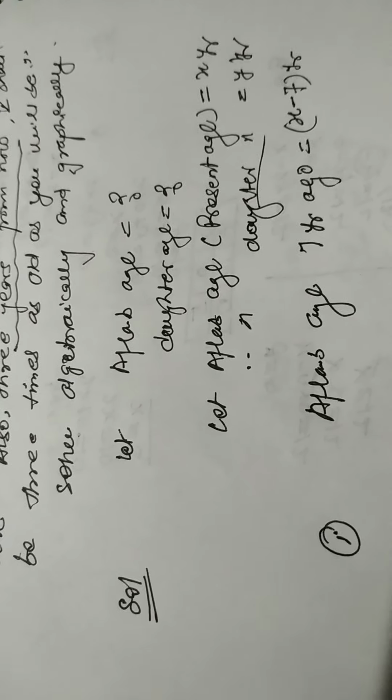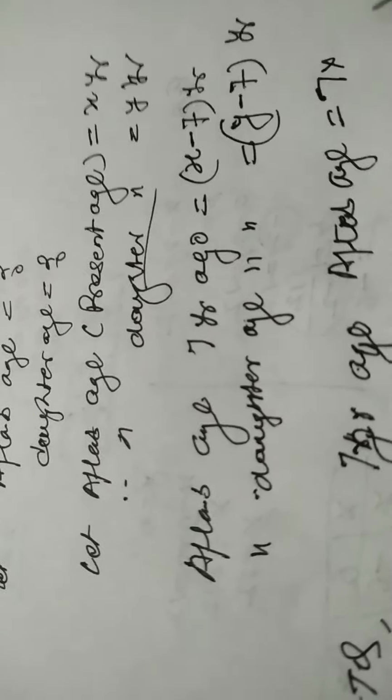Now, according to the question, look at this one. 7 years ago, Aftab was 7 times as old as his daughter. His daughter's age 7 years ago is y minus 7, and his age is x minus 7.